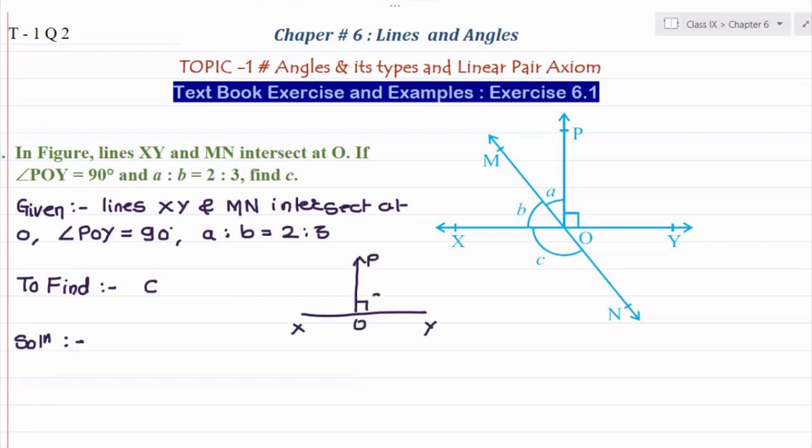If this angle is 90 degrees, the adjacent angle will also be 90 degrees. How? Because angle XOY is a straight angle, the total is 180 degrees, and if from 180 I subtract 90, the remaining is 90 degrees. Or else we can say that PO is perpendicular to line XY, therefore on both sides it makes an angle of 90 degrees, right?